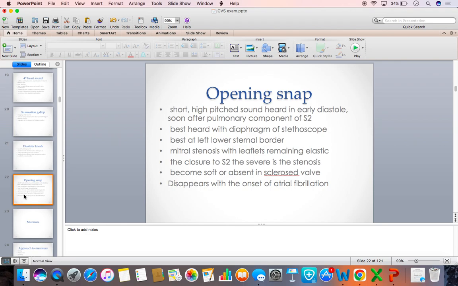It is heard in mitral stenosis, the leaflets remaining elastic or pliable. Closer the opening snap to the second heart sound, more severe is the mitral stenosis. If the valves are sclerosed, the opening snap becomes soft or absent. And with the onset of atrial fibrillation, the opening snap disappears.